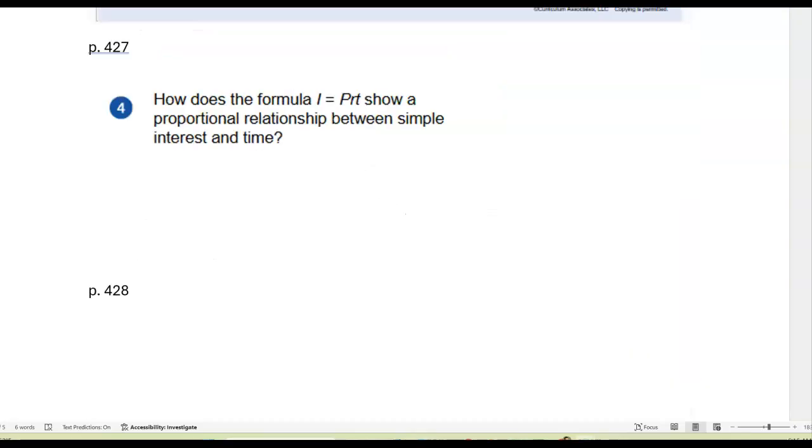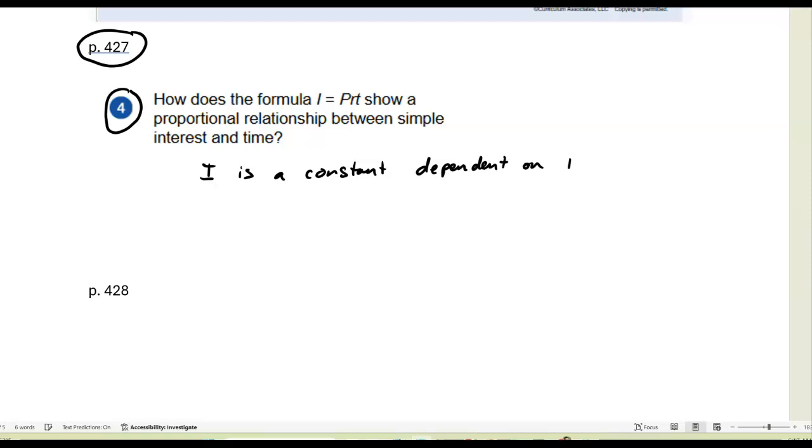Move over to page 427 and skip down to number 4. How does the formula I equals PRT show proportional relationship between simple interest and time? Well, interest, or I, is a constant dependent on the amount of time.